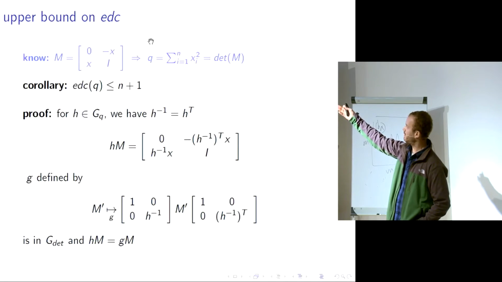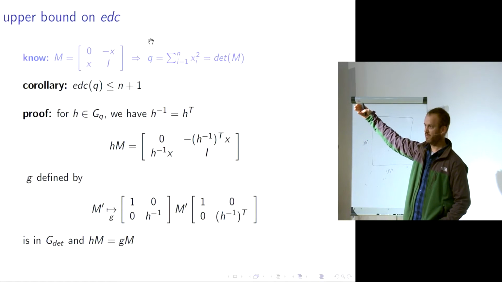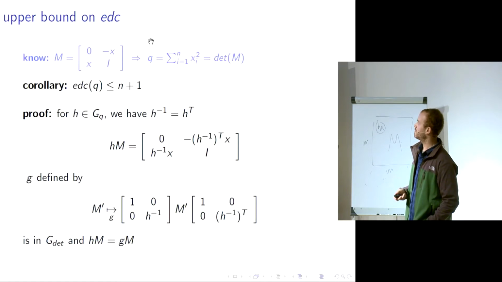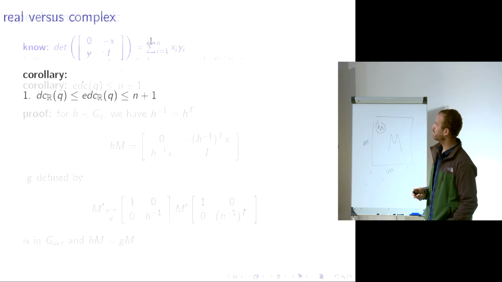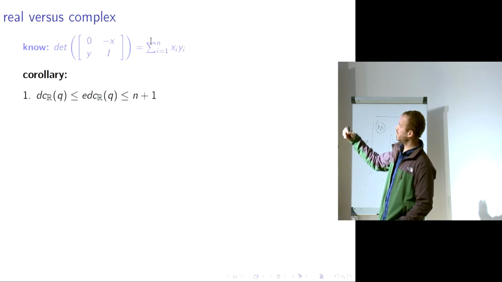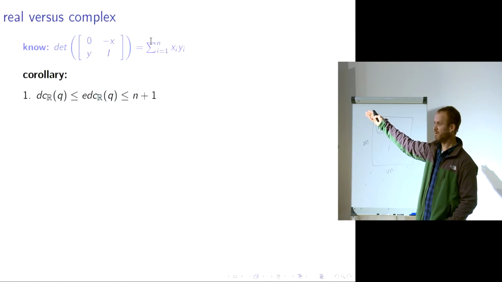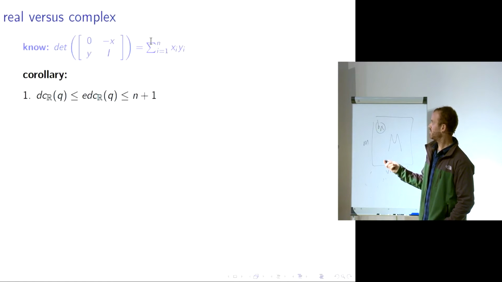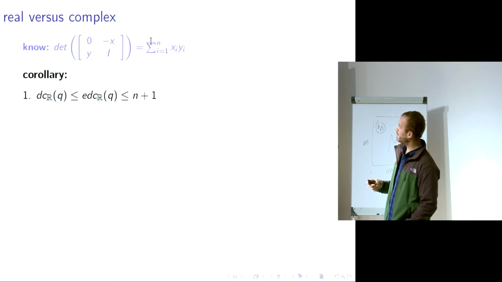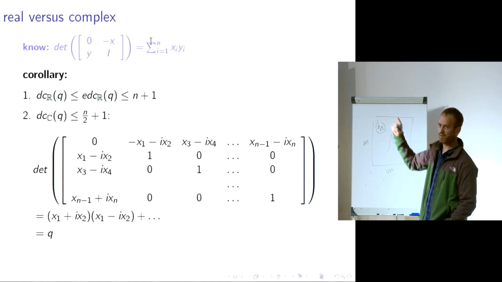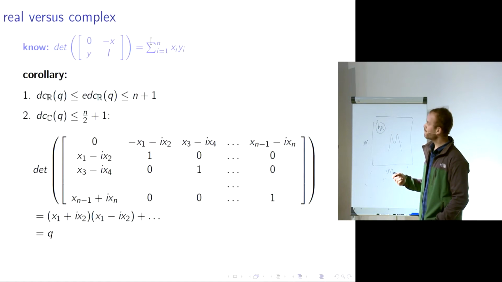So we concluded that the equivariant complexity of this polynomial is at most n plus 1. Specifically, over the real numbers, the determinantal complexity is at most n plus 1, which is the upper bound. But over the complex numbers, we get a bound of n over 2. Why?